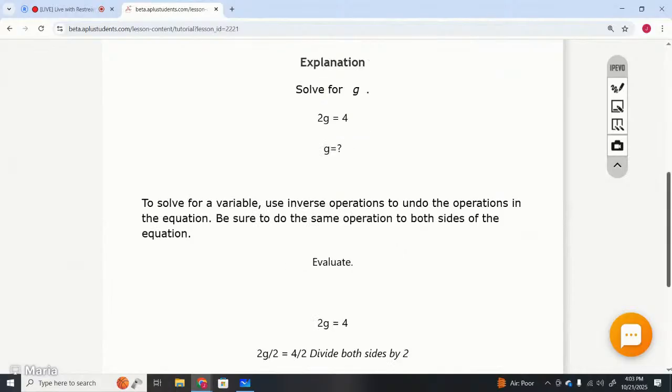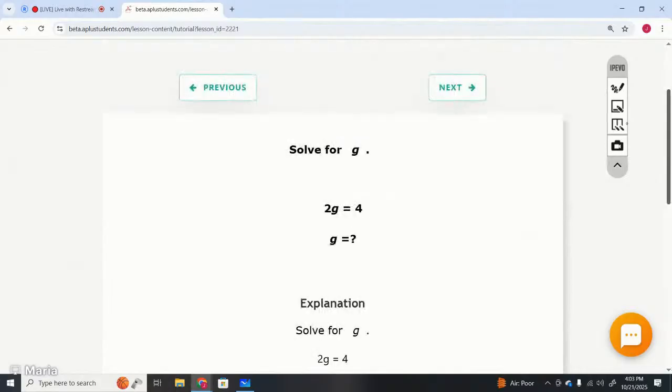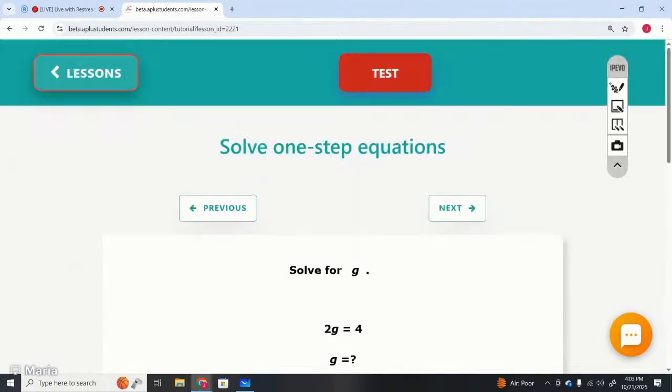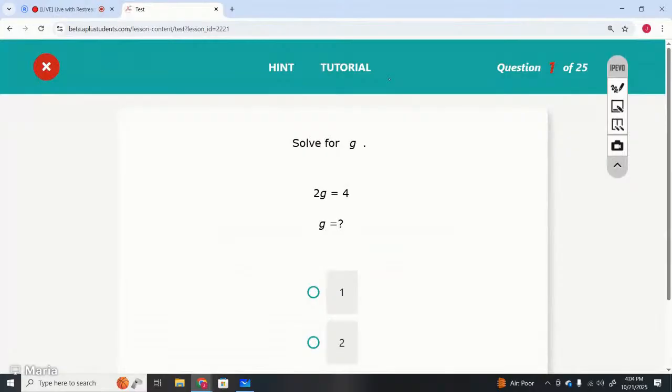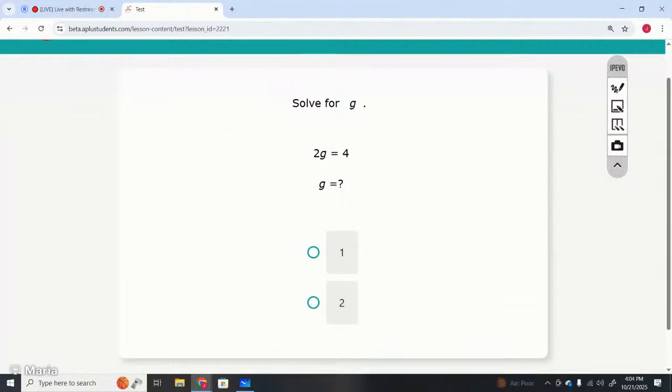Let's just start with the test questions. 2g equals 4.